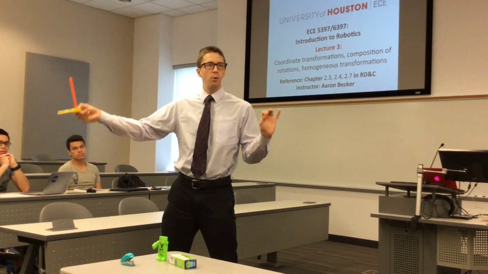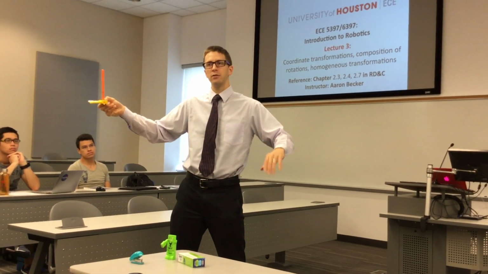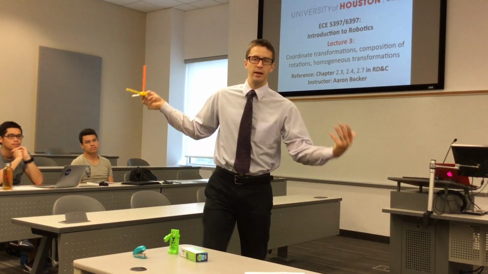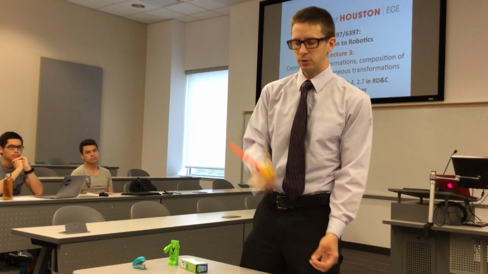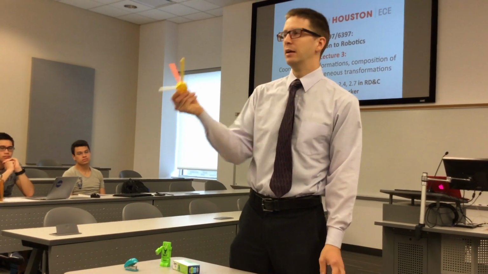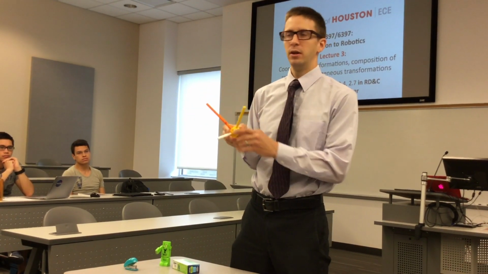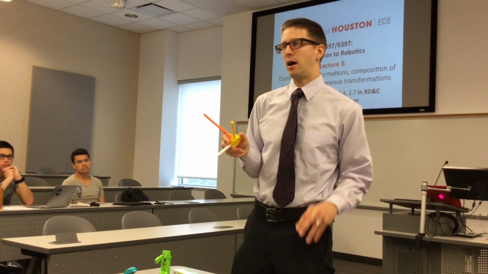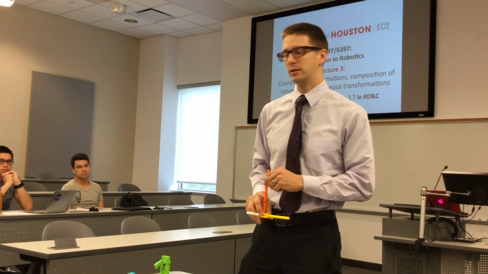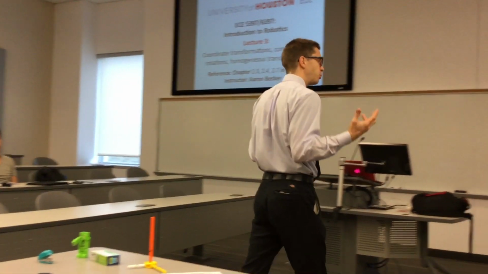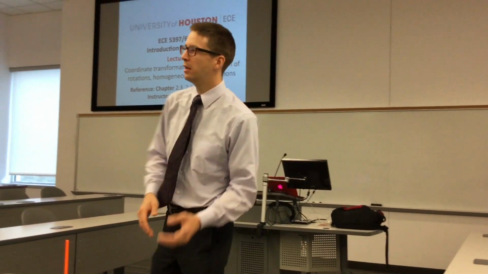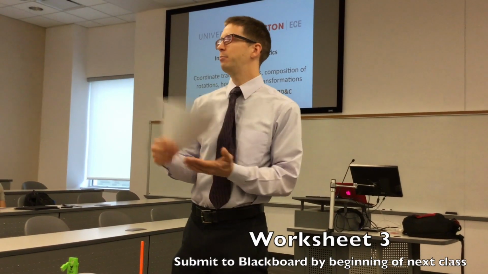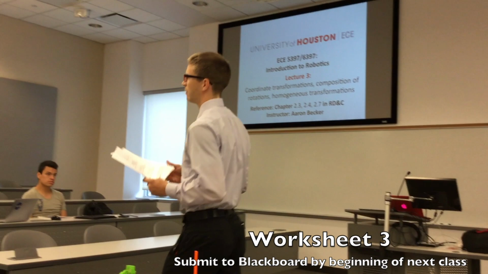As long as they're always pointing the same way, we say that this is this rotation frame, and we can talk about how it is related to a base rotation frame. So as long as they have the same rotation everywhere, this rotation frame is telling you how you would rotate an object to get it in the same orientation as this one. And so today we're going to talk about three different definitions of rotation frames. If you didn't get one of these handy dandy papers, I've got a whole stack of them right here.